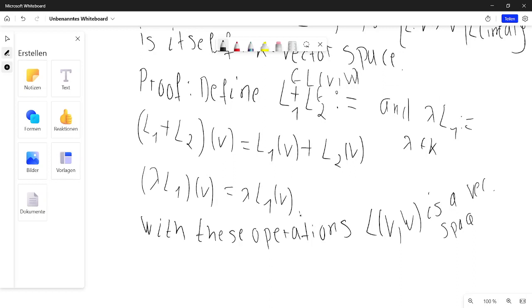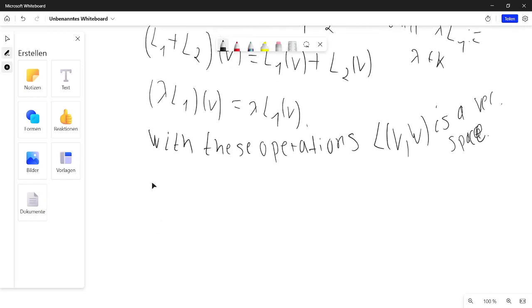Well, as I said, I'll do some exemplary things, but I won't do it all. Let's get started. Okay, what do we have to prove in order for that to be a vector space? Well, let's do something more interesting, because it would be quite boring to prove it like that.